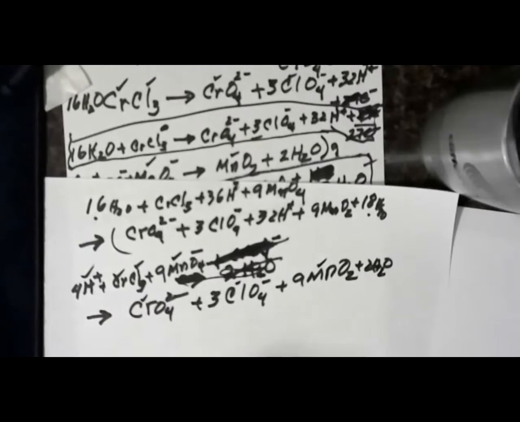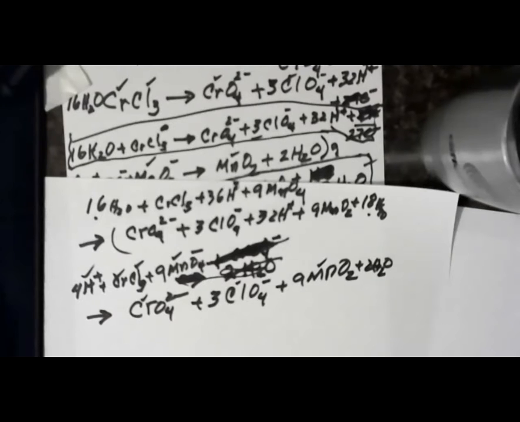So let's see, right? 4 times 9 would be 36. So I've got 4 oxygens from here, 12 oxygens from here, 18 oxygens from here, and 2 more from here.